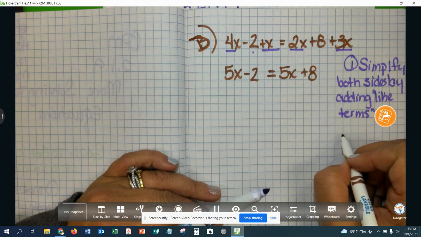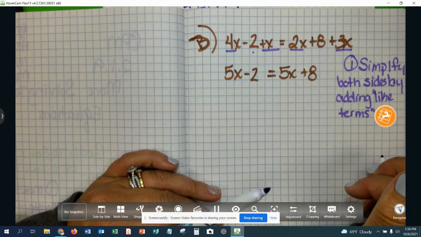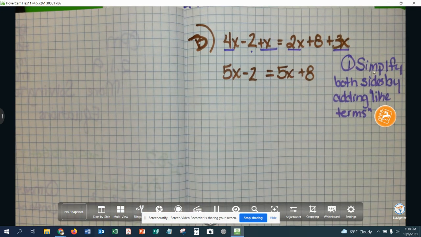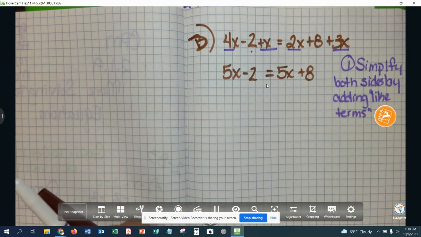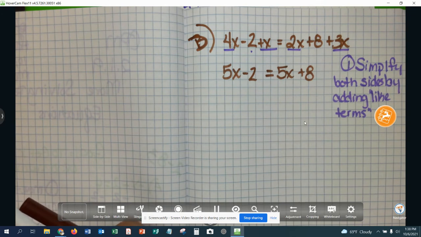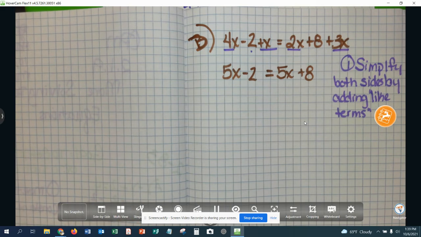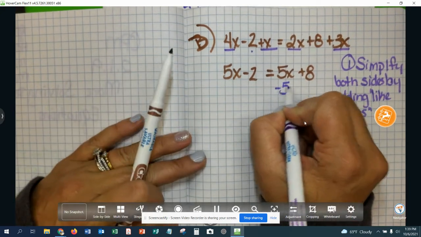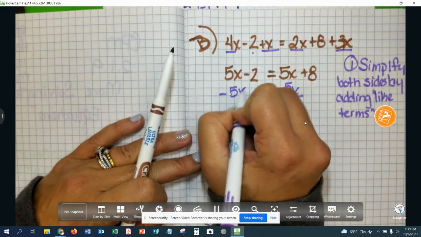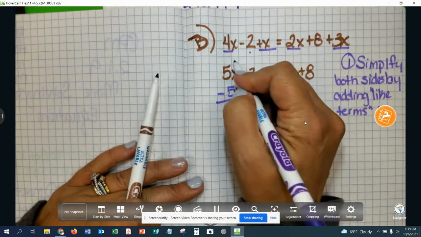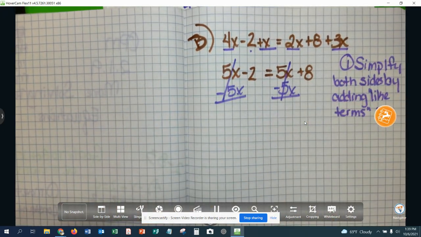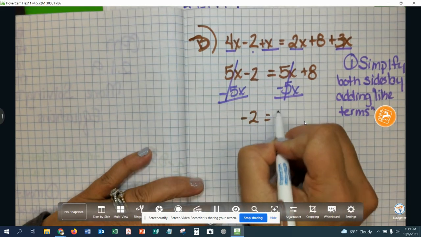Okay. Can I ask you guys a question? What do you see here? What's going on? Look at it. What about the variables? Well, you are going to cross them. Watch. But now look. You have a negative 2 equals 8.